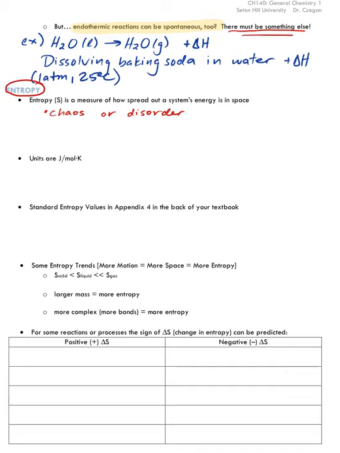There are a couple features of entropy that I want to highlight. First of all, entropy is not conserved. We've learned about the conservation of energy. We've learned about the conservation of mass or matter. These are things that can't be created or destroyed.